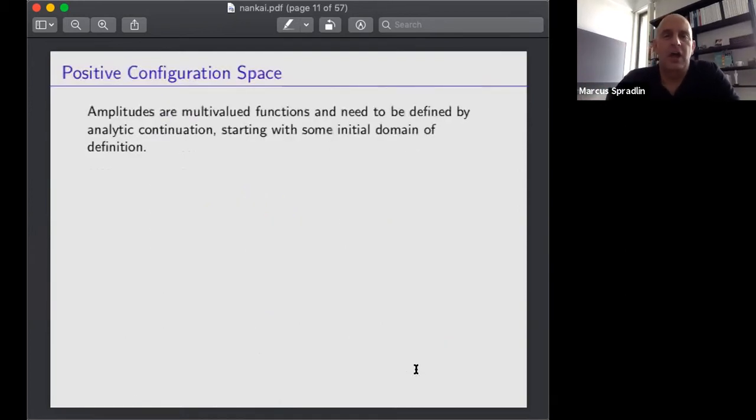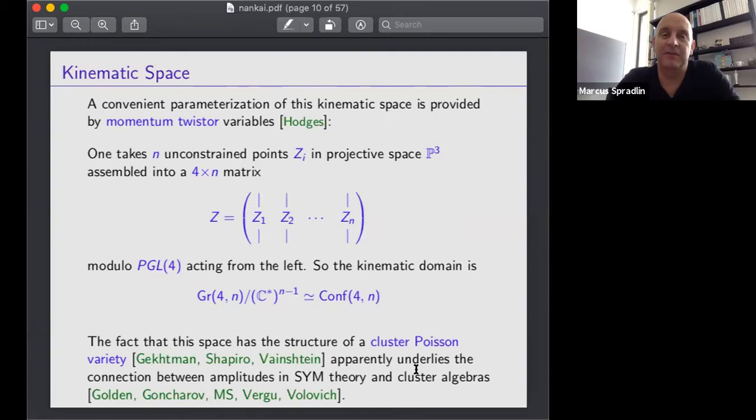Okay. Now, amplitudes are multi-valued functions. Oh, and so in physics, of course, energy and momenta are always real. But of course, if you're studying functions, it is often useful to allow yourself the freedom to consider your kinematic variables to be arbitrary complex numbers, so you can use the whole powerful machinery of complex analysis.